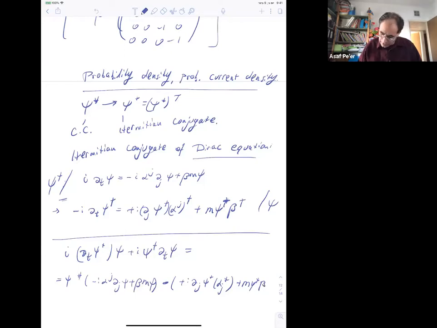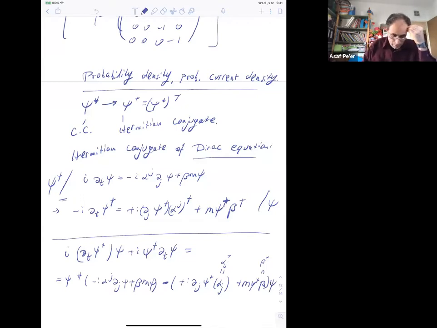And α^j† I don't need because it's just α^j. It's Hermitian.